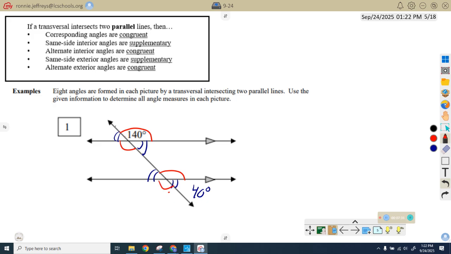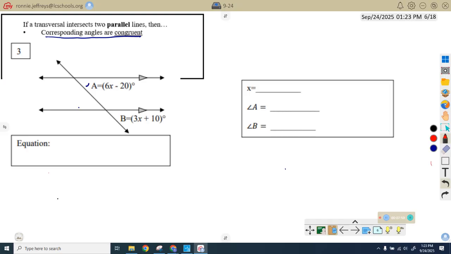That's how that fills in quickly. We could also use linear pair and vertical angles to prove some of this. It's pretty easy, kind of straightforward.